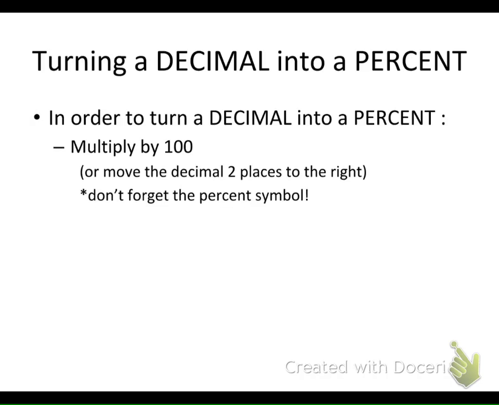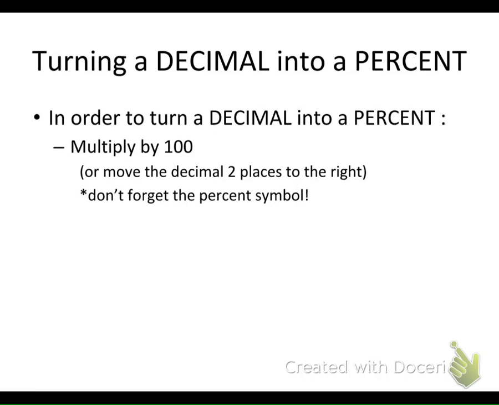All right, so when we're turning a decimal into a percent, again, this is really easy too, I promise. I know it's a lot of words and it looks like a lot of steps, but it's only like 1 or 2 steps per action. All you have to do to turn a decimal into a percent is multiply the decimal by 100. Make sure you write this in your notes as well.